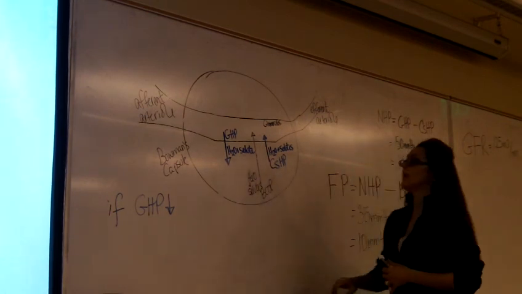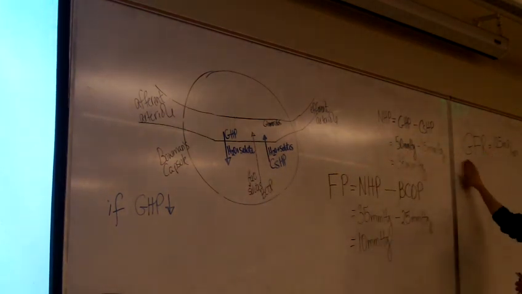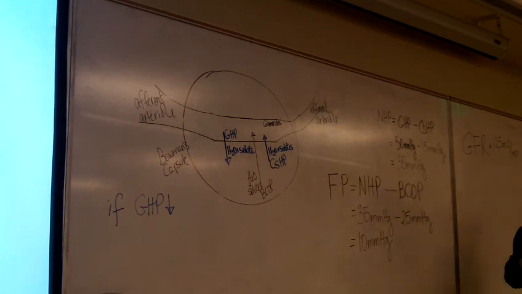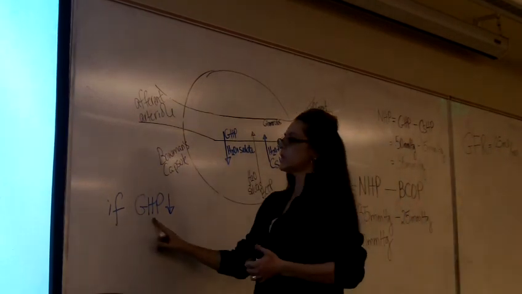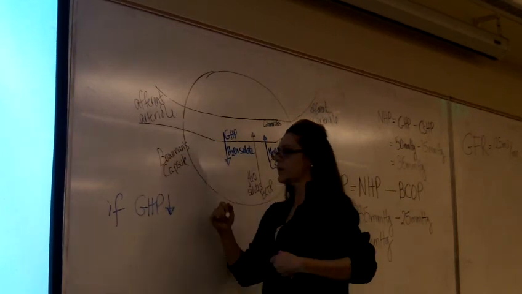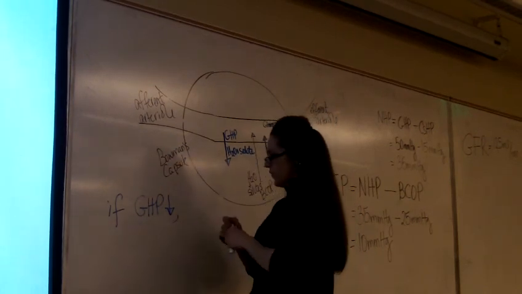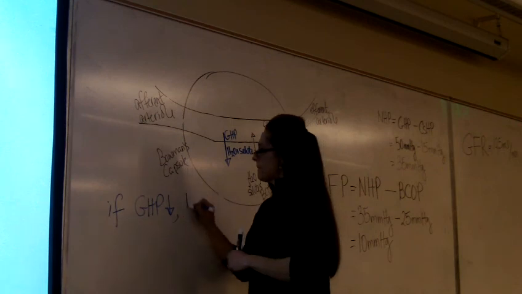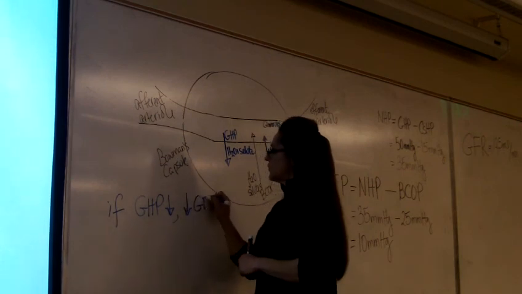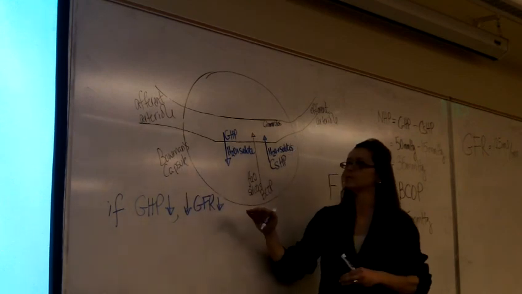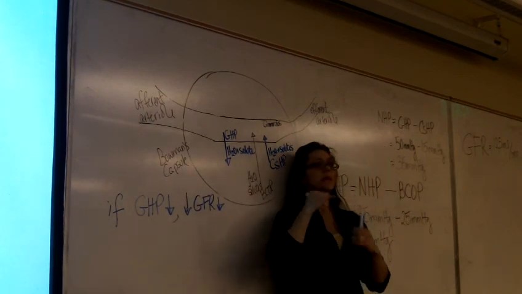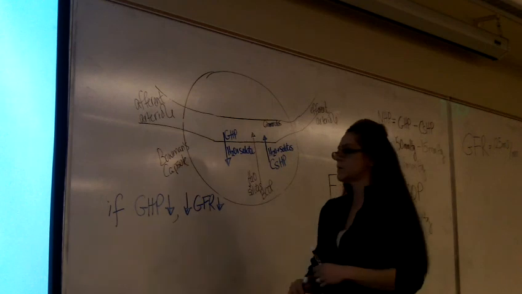And that would ultimately cause our glomerular filtration rate to drop, and we don't want that to happen. So if glomerular hydrostatic pressure drops, if our glomerular filtration rate is dropping, we want to get those numbers back up so that we keep forming a filtrate.